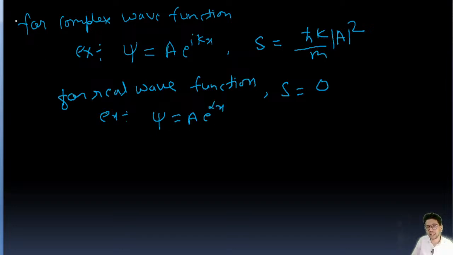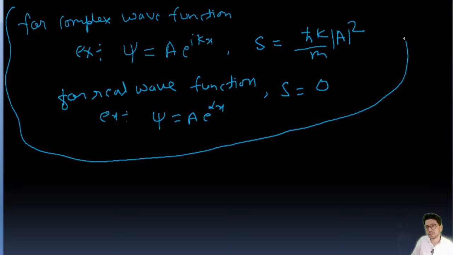There is no iota term, alpha x, so this is a real wave function. So the very important formula: for a complex wave function, the probability current density S is h cut k upon m mod A square. For a real wave function, S is going to be 0. That is the probability current density. Very important.